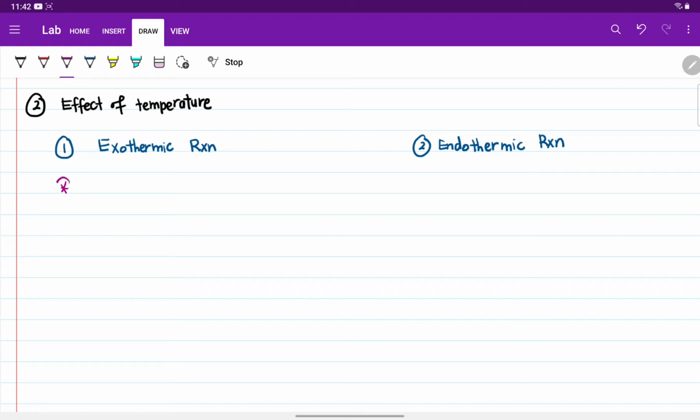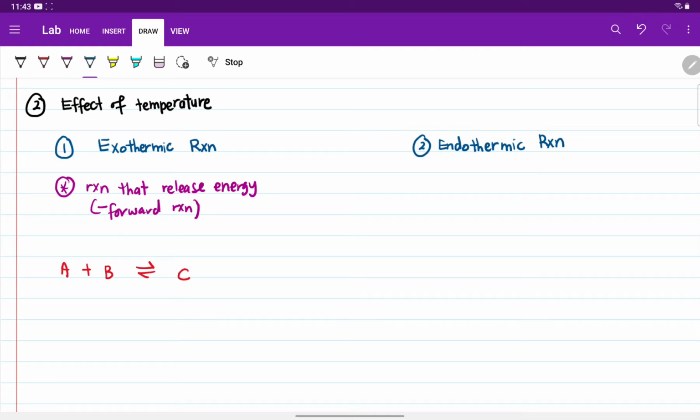Okay, kita tengok untuk exothermic reaction dahulu. Exothermic reaction, apa yang kita kena faham, dia adalah reaction that release energy. Reaction that release energy dekat sini, dia refer kepada forward reaction. Maksudnya dekat sini, bila kita ada chemical equation, katakan saya ada A plus B in equilibrium to produce C. Saya cakap dia adalah exothermic reaction. Macam mana saya identify?